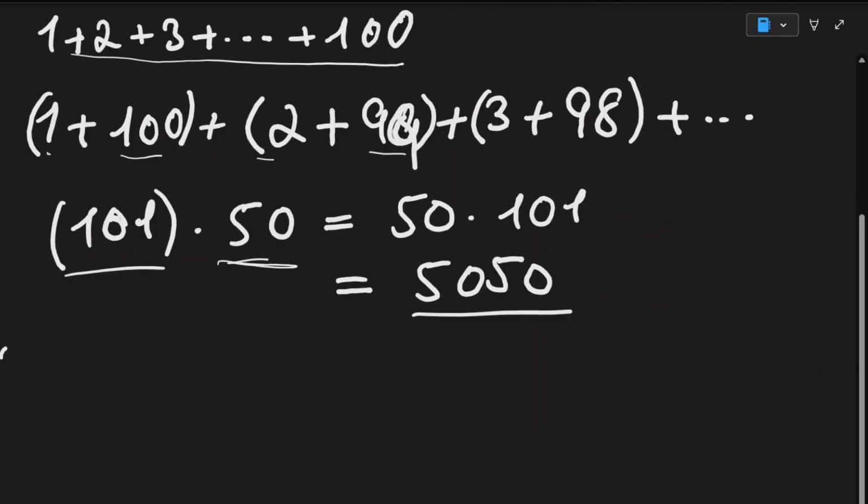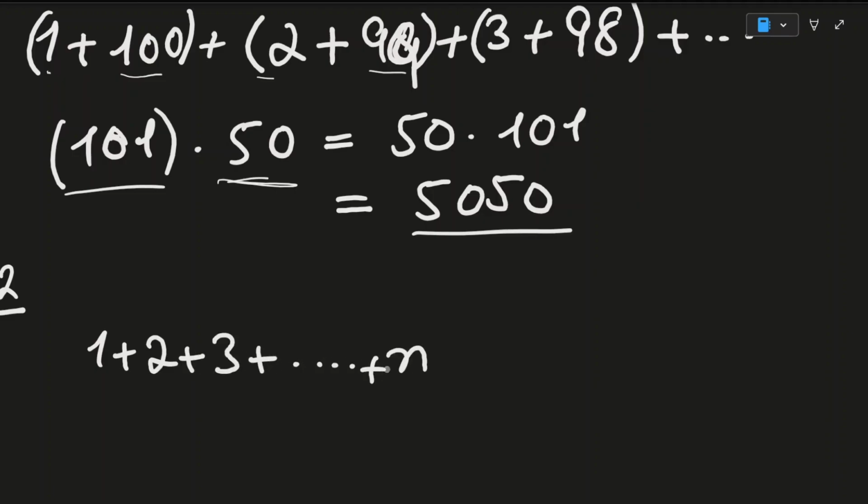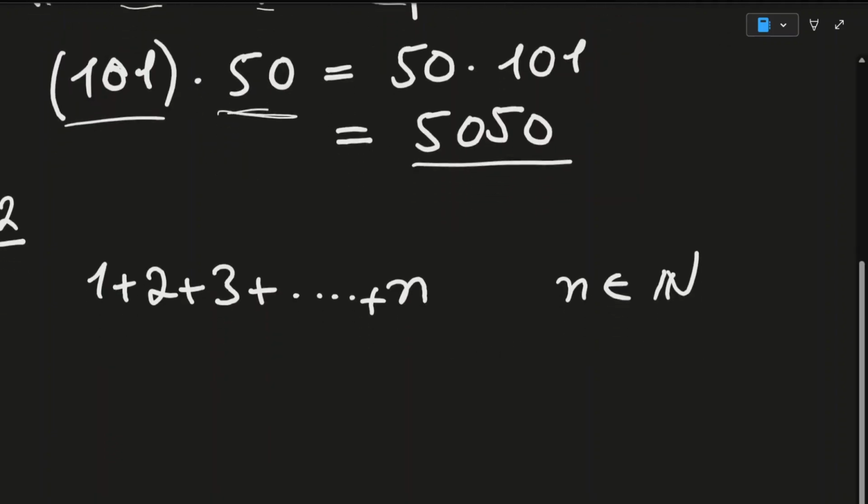And now we will derive a formula for calculating the sum of numbers starting from 1 up to any number n. So 1 plus 2 plus 3 plus up to n, where n is a natural number.